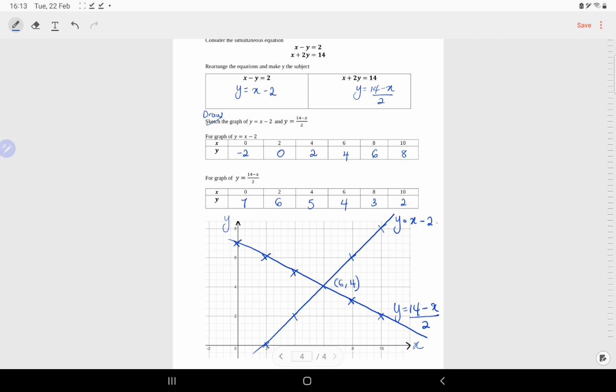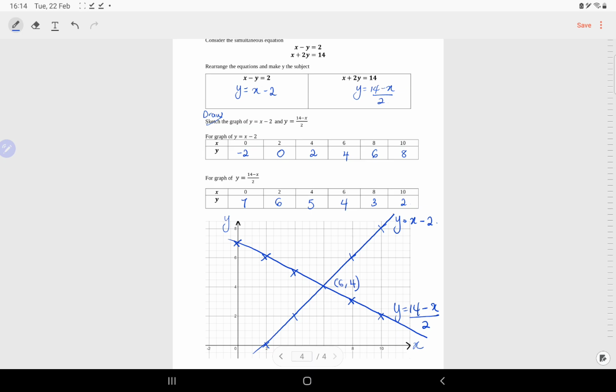So the method to solve for points of intersection is simultaneous equations, and you'll come across points of intersection later on in our syllabus: in coordinate geometry, maybe in functions as well, or even differentiation in A-Math. The x value and y value that you've got using simultaneous equations is a unique solution that satisfies both equations.